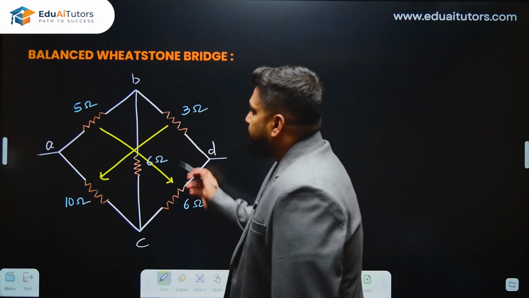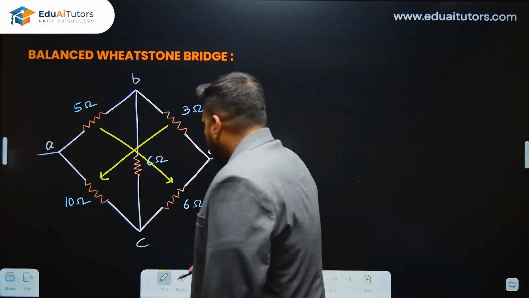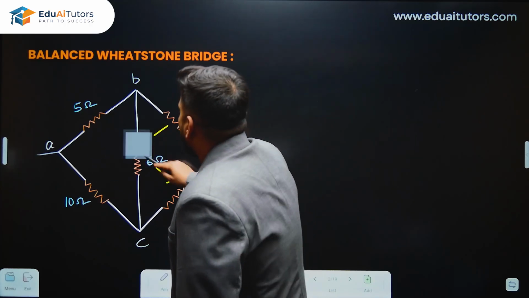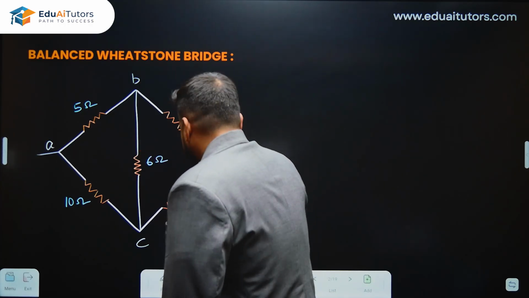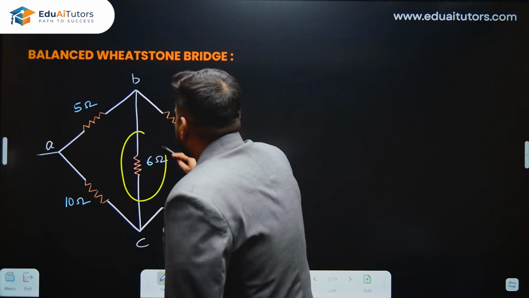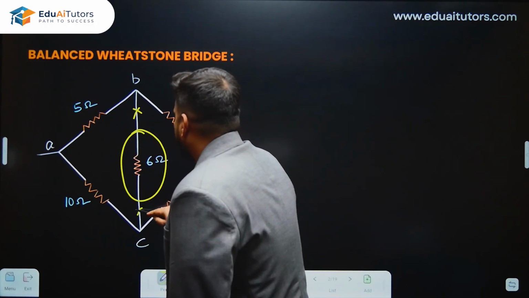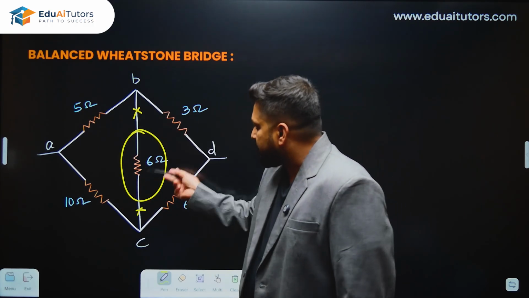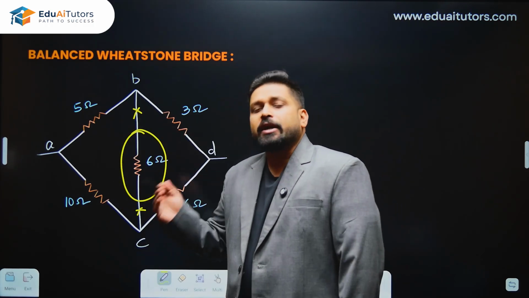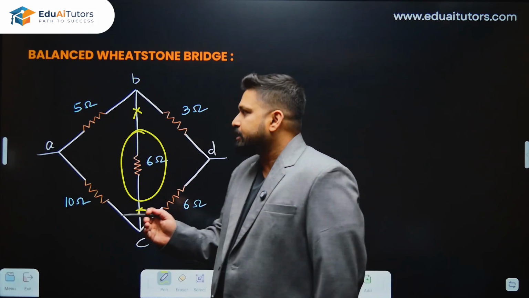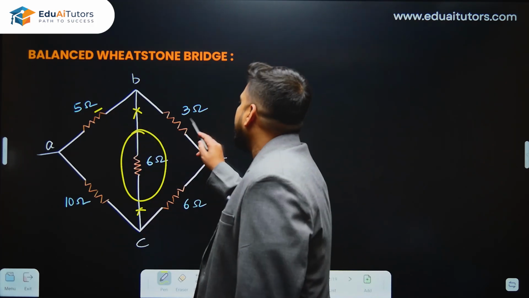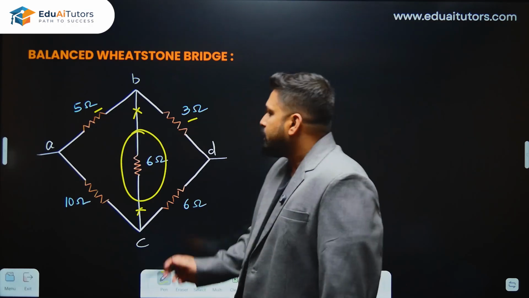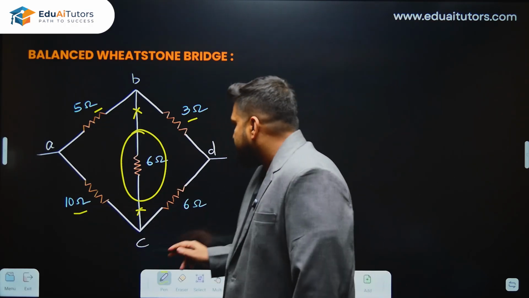So when this is balanced, you can simply eliminate this part, because in that case, no current will be flowing through this 6 ohm resistor. And if no current is flowing through that 6 ohm resistor, then you can say that this 5 and 3 are in series, which is in parallel with 10 and 6.